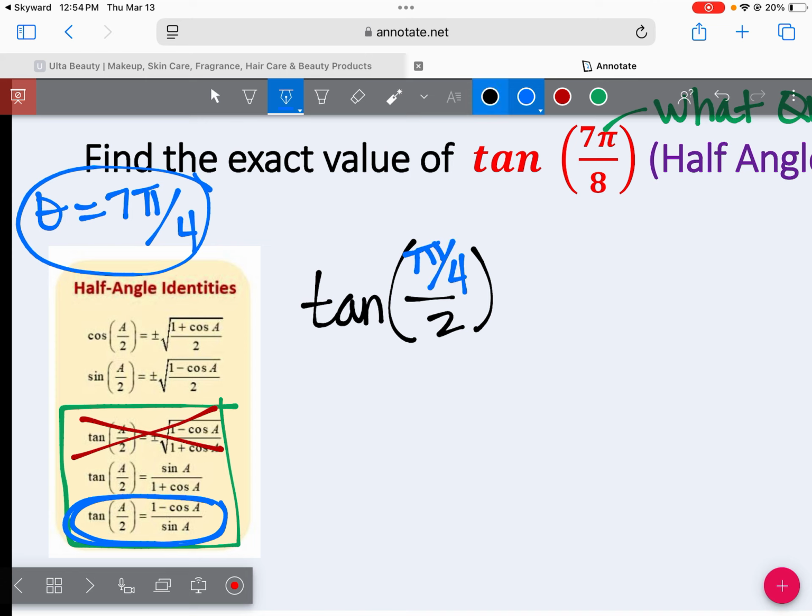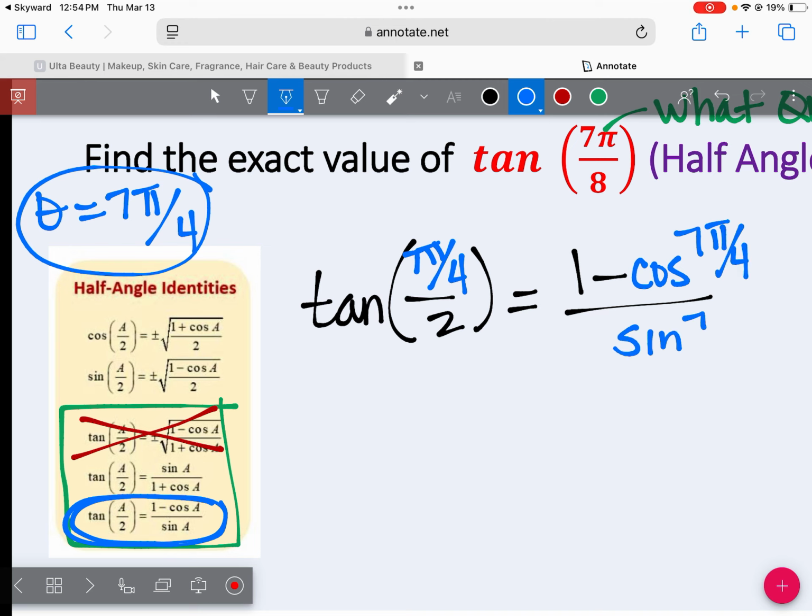And that equals 1 minus the cosine of 7 pi over 4 divided by the sine of 7 pi over 4. So every place where you see a theta on your pink sheet, we decided that that is 7 pi over 4. So now go to your unit circle.